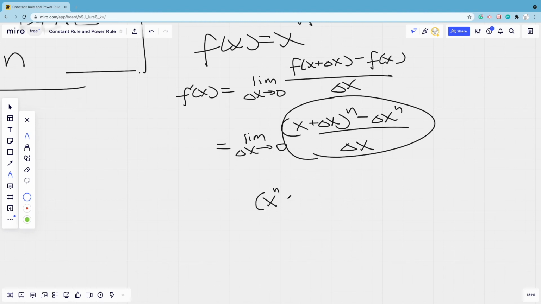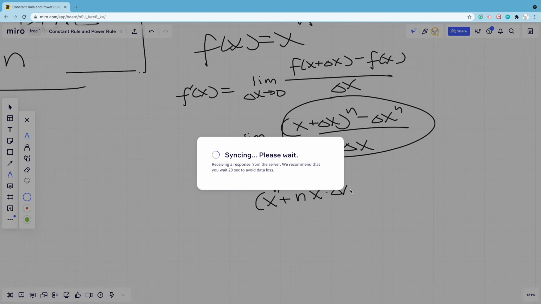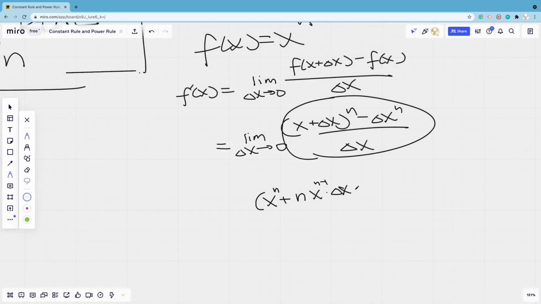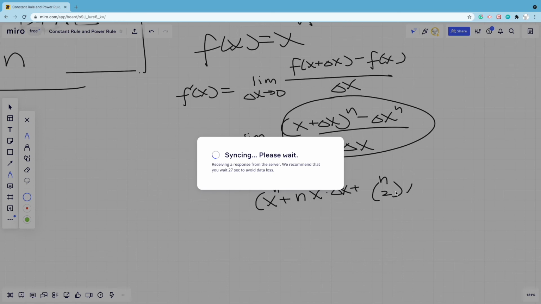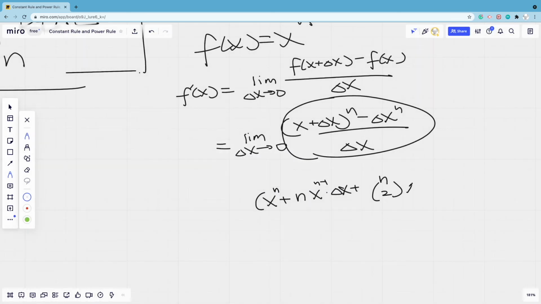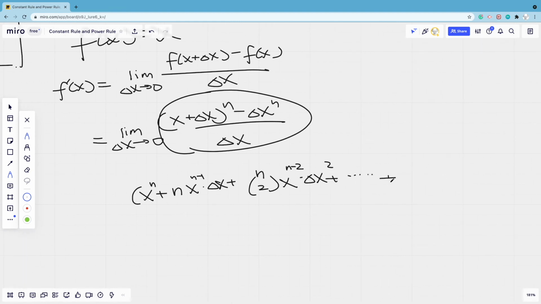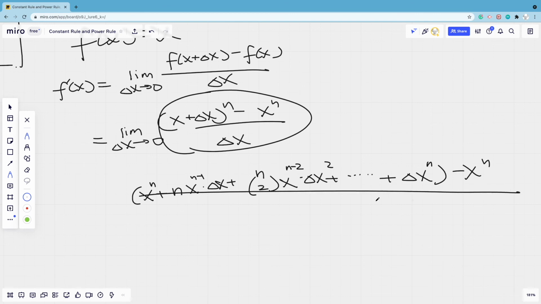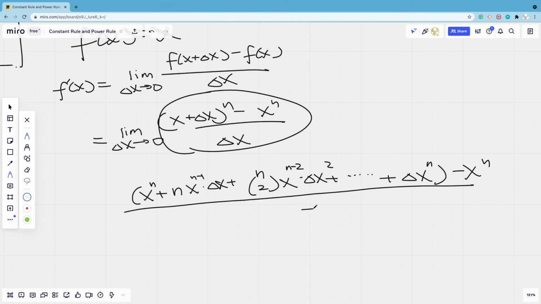This will equal x to the power of n plus n x^(n minus 1) times delta x plus n choose 2 x^(n minus 2) times delta x squared plus dot dot dot plus delta x to the power of n. Sorry about that, this part should be just (x plus delta x) to the power of n minus x^n, this entire thing over delta x.